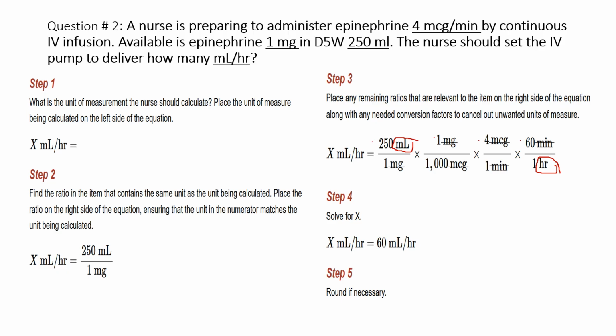Whatever you got from the numerator straight across, which was 60,000, you're going to divide it by 1,000. And therefore, we already solved for x, which is 60 ml per hour. So the nurse is going to set the IV pump to deliver 60 ml per hour.